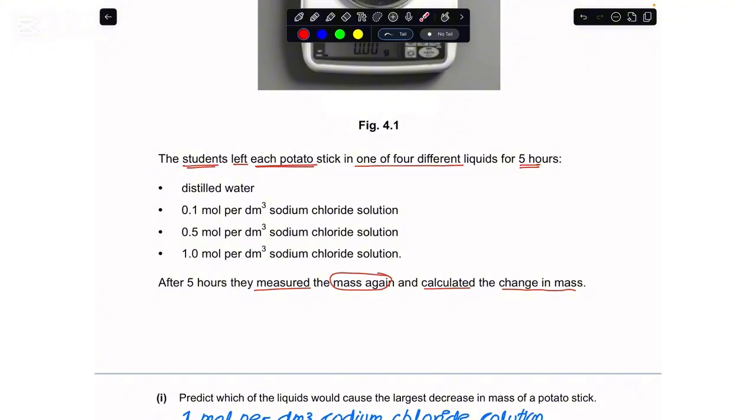Never assume that if you come across a sodium chloride solution, for example 0.1 mole per dm cube, water is exiting the potato sticks; it can also enter, because students usually believe that wherever salt is present, water always leaves the potato sticks, but this is not always the case.